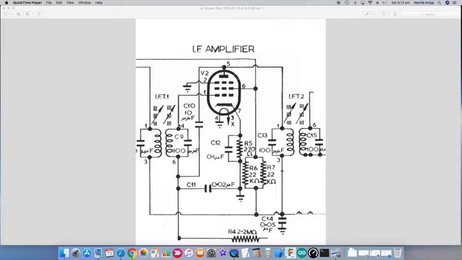Now, if we look at the second tuned circuit that we have here, you'll note that the bottom of it is fed through this 2.2 megohm resistor, and the top part of it goes onto the actual grid of this particular pentode valve.